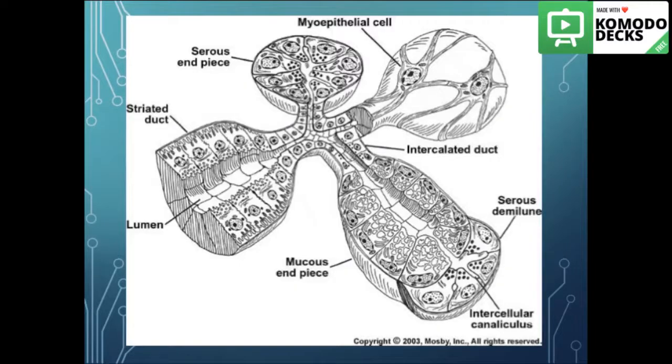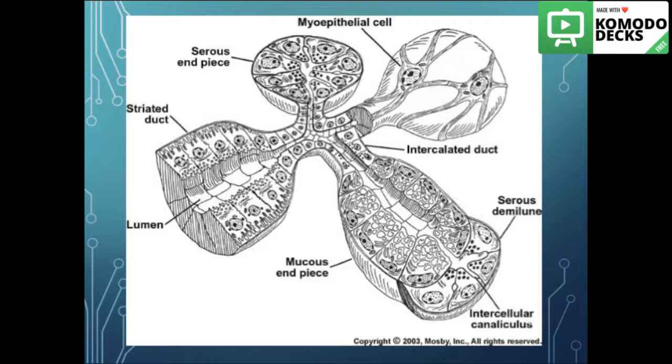This is a representation of the serous acini, mucus acini, and when we have a mixed, we see a serous demilune with intercellular canaliculi.